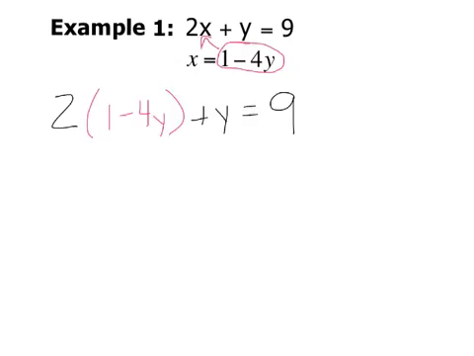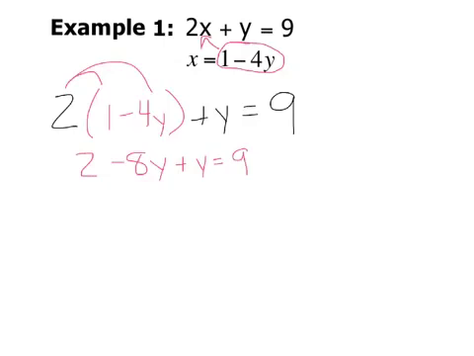Now this is the part that's a little more complicated than what we did on the back, because this is obviously a more complicated equation to solve. But anytime I see parentheses, what do I do first? Distribute, right? So I distribute into the parentheses. So 2 times 1 is 2. 2 times negative 4y is negative 8y. Then I'm just finishing. Plus y equals 9. I have variables on the same side, so I do what I see, right?